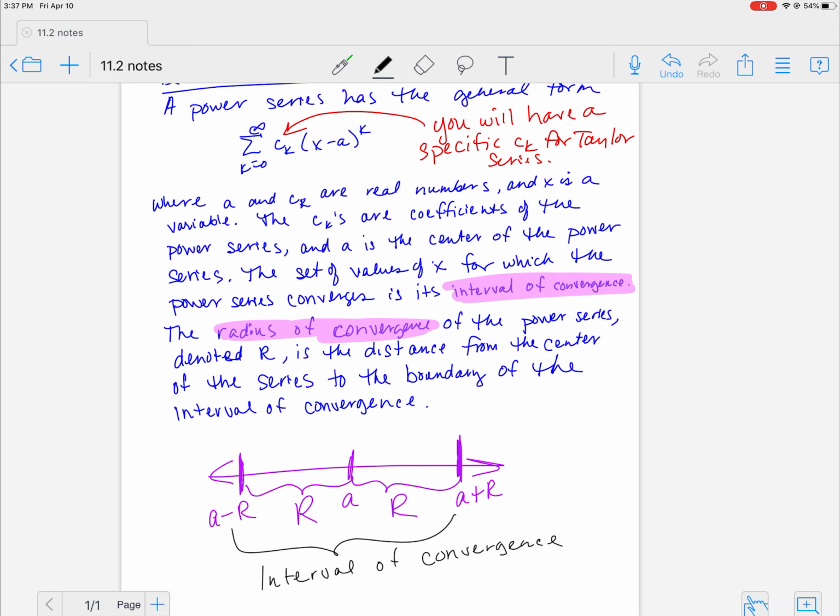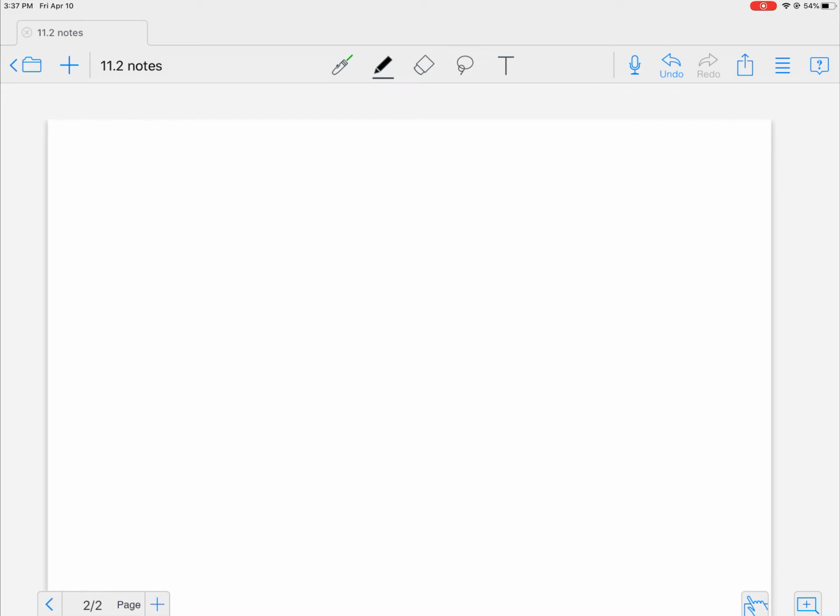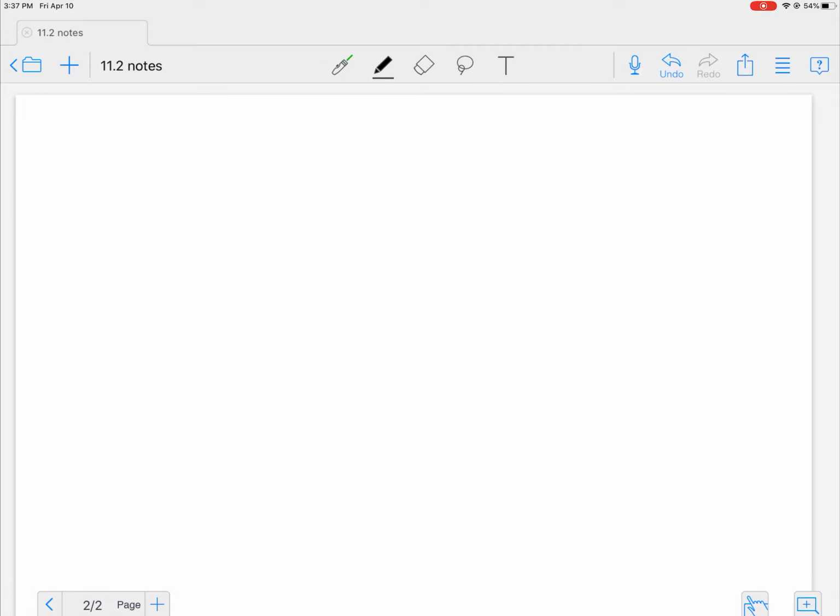Okay, now I'm going to lay down some more definition-type stuff for you in this next theorem, and then we're going to put it into practice. But I want to get these theorems all out of the way first so that we can practice. All right, Theorem 11.3. This is convergence of a power series.